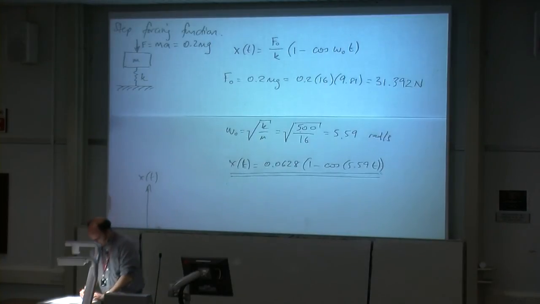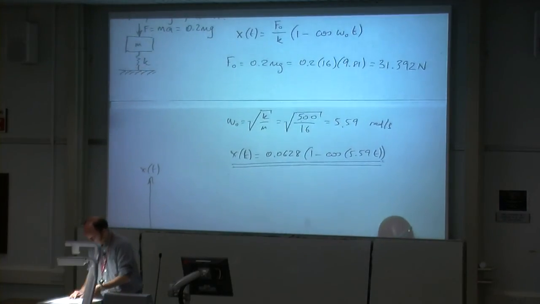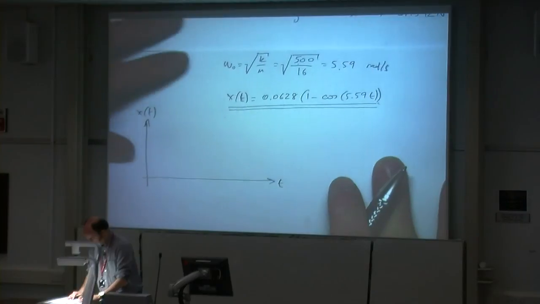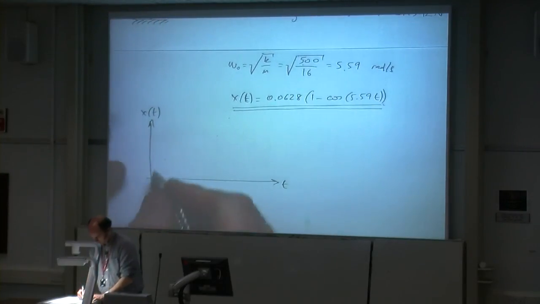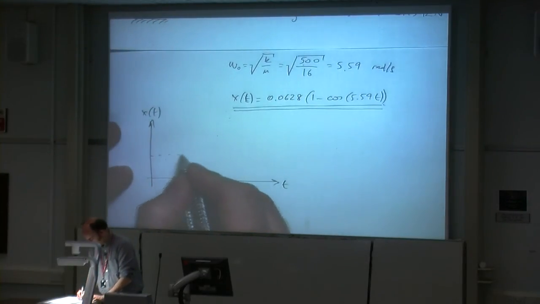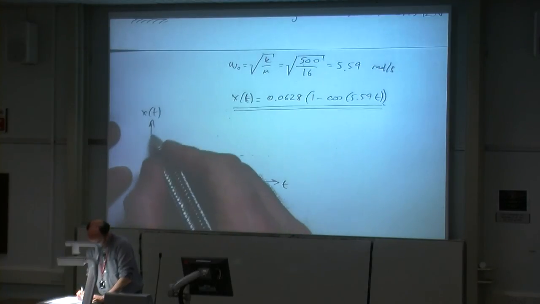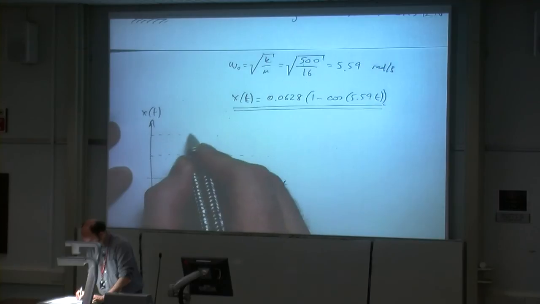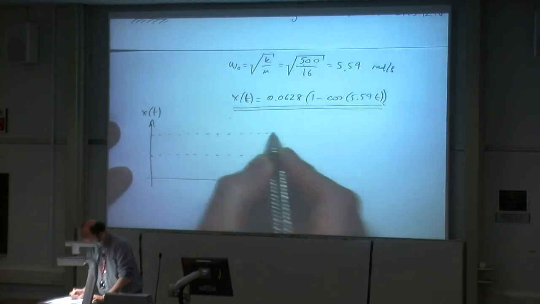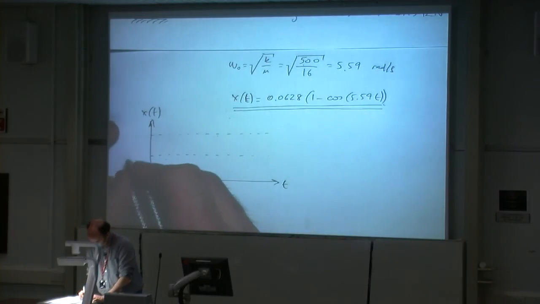So I'm just going to draw a dashed line here just to help me draw it out, and another one up here. This is 0, F naught upon k, so 0.0628.